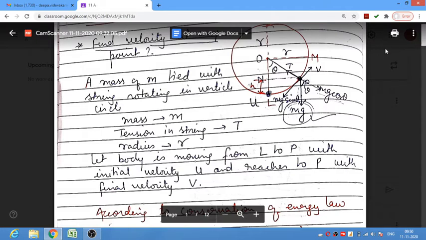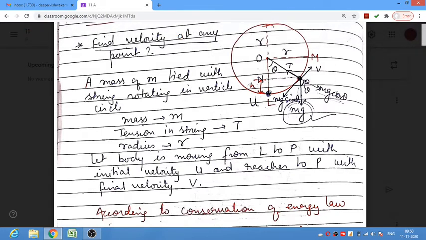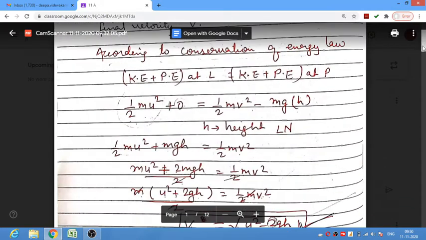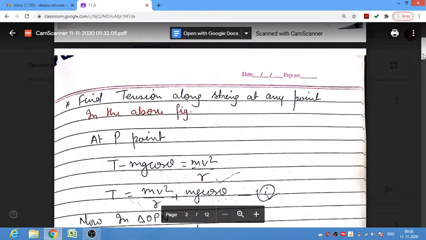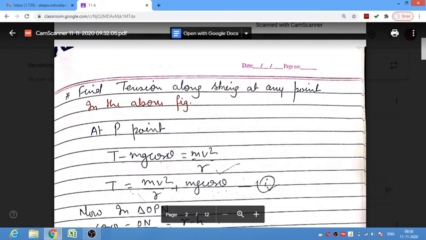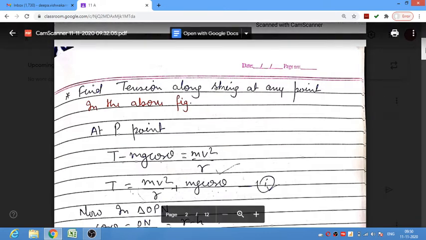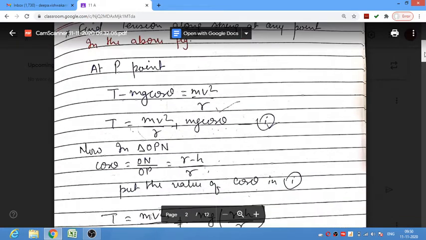So we have to find the tension of the string, which is balanced by mg cos theta. Now this mass will rotate in a vertical circle due to the centripetal force. So we can write in this position the equation T minus mg cos theta is equal to mv square upon r. Now we can write T is equal to mv square upon r plus mg cos theta.